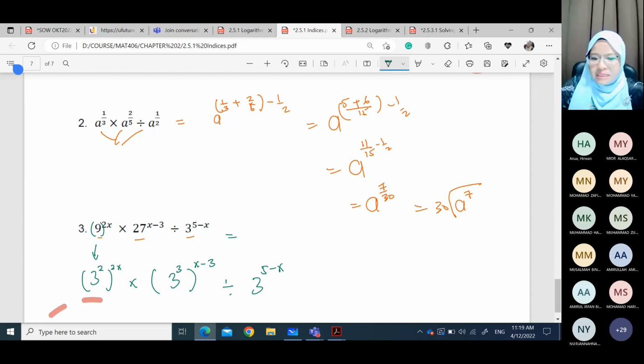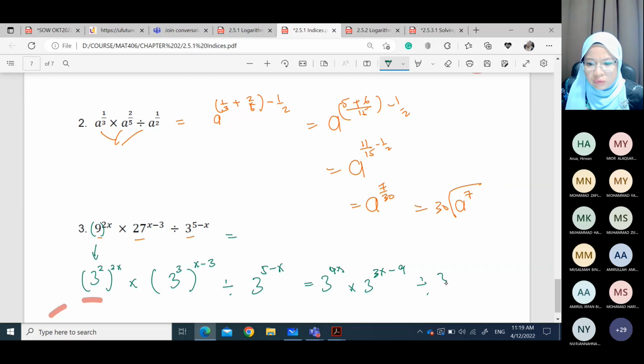So maknanya kat sini base dia sama, iaitu 3. So kita dah ikut law yang tadi. Kuasa dalam boleh darabkan dengan kuasa kat luar. So kita akan dapat 3 kuasa 2 times 2x. We have 4x. Minus 3 to the power of 3 times this one. Kita akan dapat 3x minus 3 times 3, we have 9. And then divided by 3 to the power of 5 minus x.